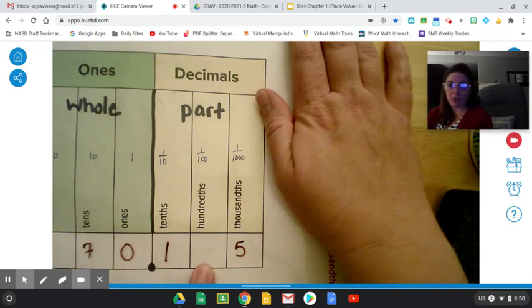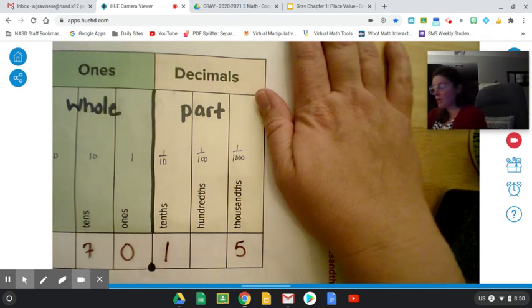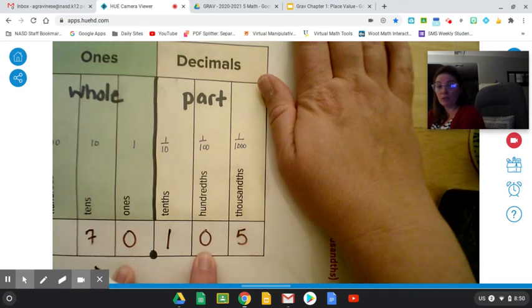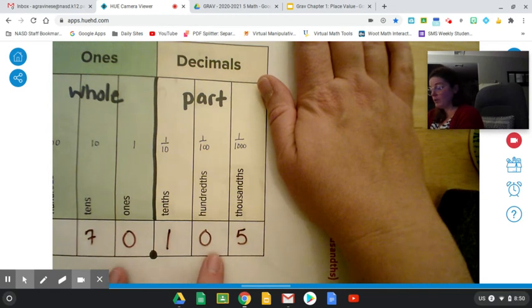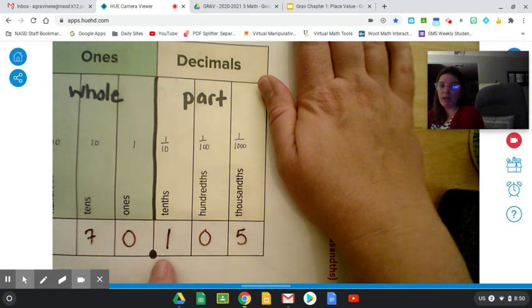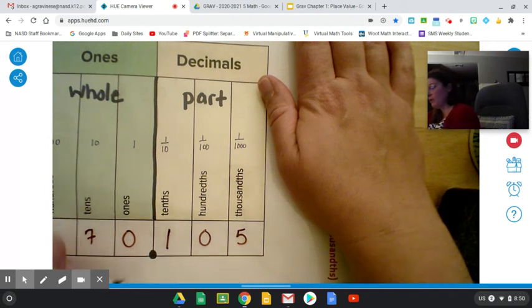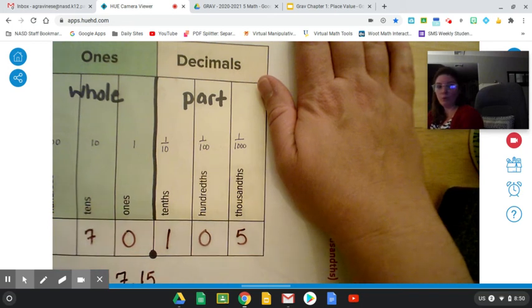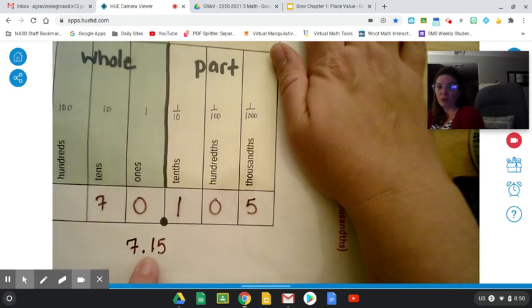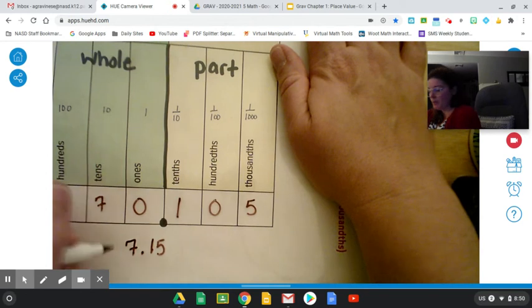Did I have any hundredths? I did not. So I need to put that 0. If you forget these 2 zeros, your answer would be a lot different. This says 70 and 105 thousandths. If you forgot those zeros, you would have 7 and 15 hundredths. Think of it as money.